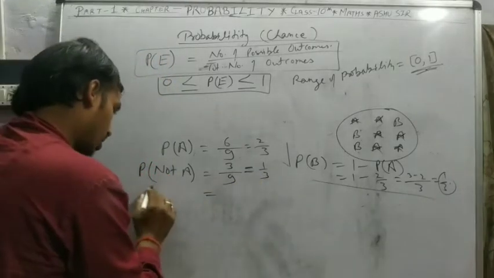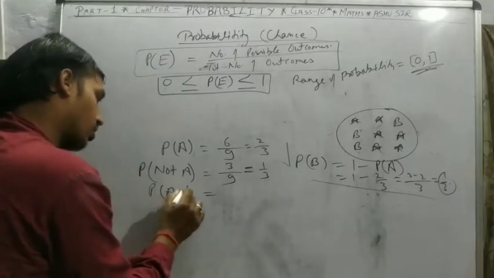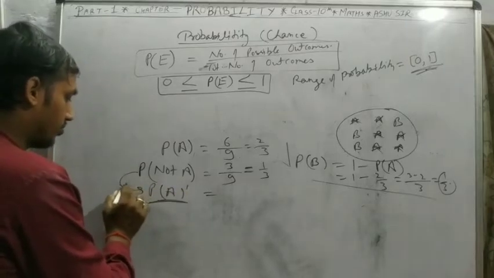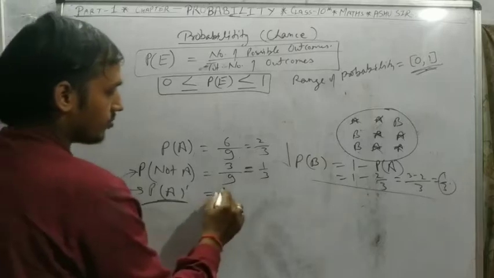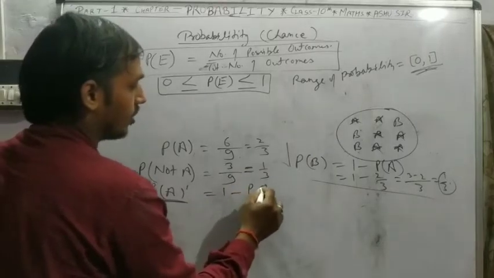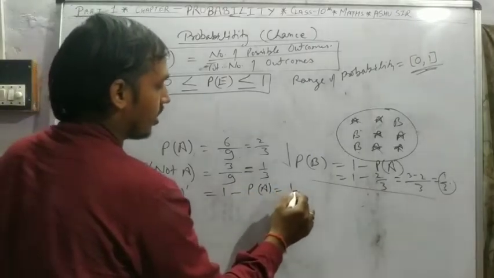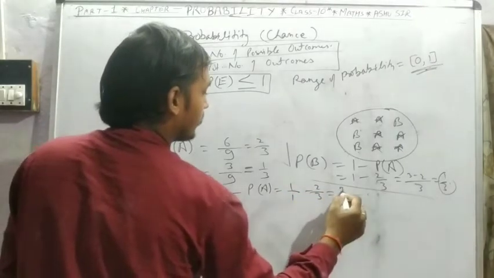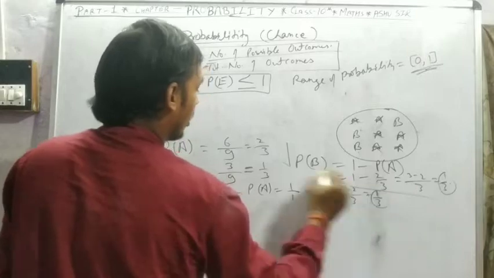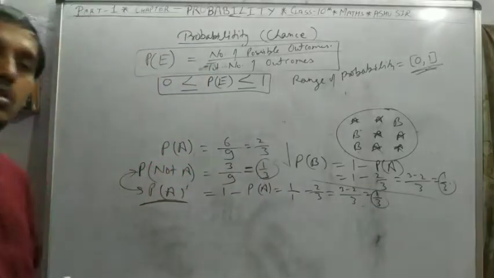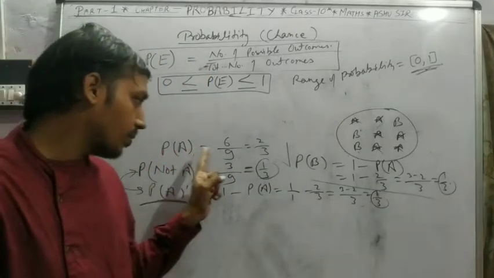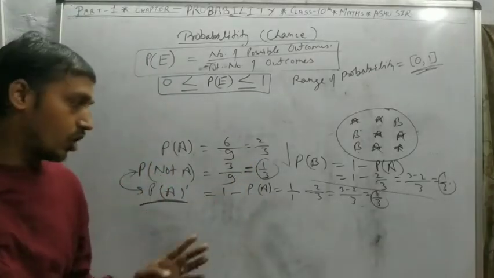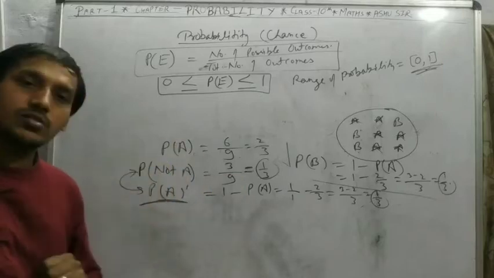Or you can say probability of not A is 1 minus probability of A, taking LCM, 1/3, the same. Means if any probability is given, you find the value of the not probability by always doing 1 minus that probability.